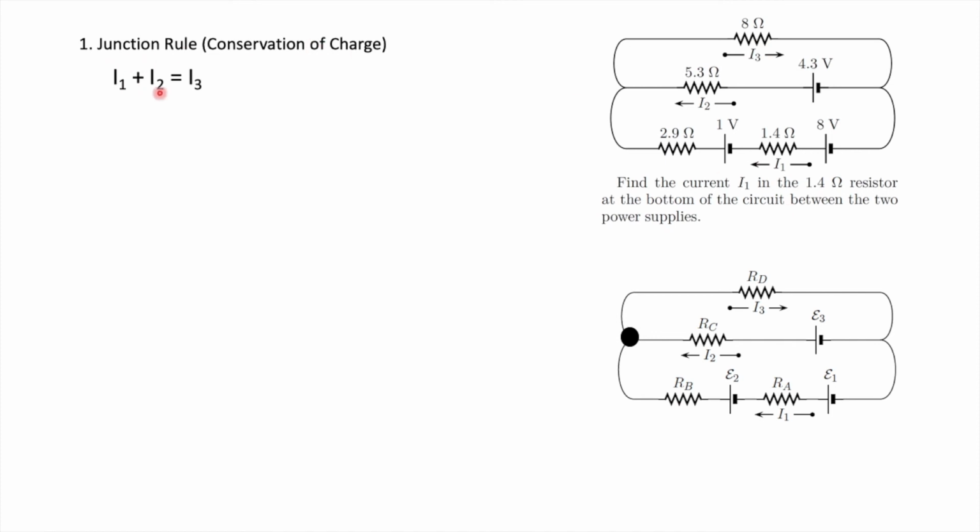One comes from the junction rule, and the second we will write from the loop rule for two different loops. Here I'm going to take the outer loop. I'm going to start here and take my positive test charge along the direction of current here and follow the outer line here.